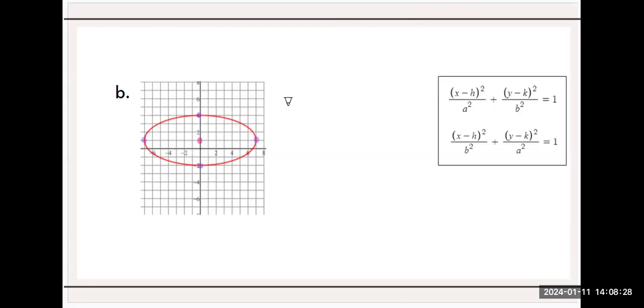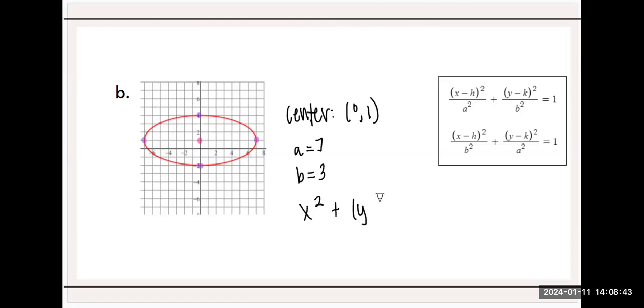Okay, so the center was 0, 1. And then A and B. The center is pretty easy to plug in as long as you remember to take the opposite.